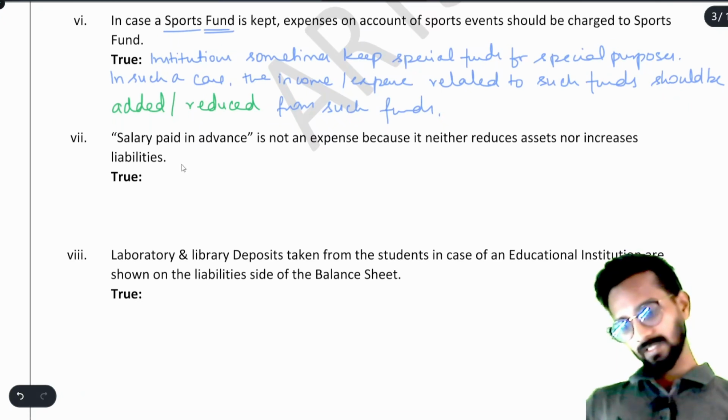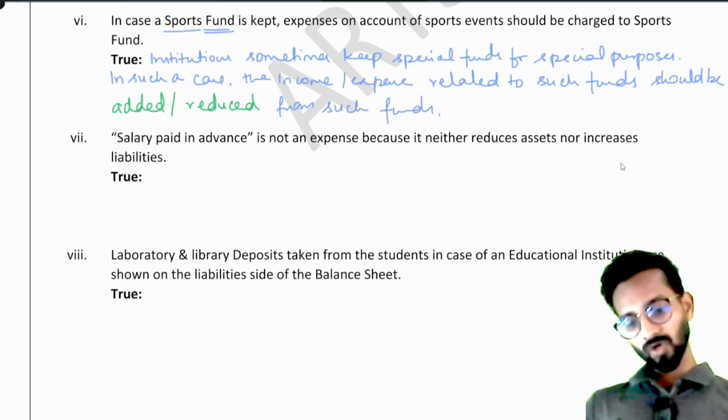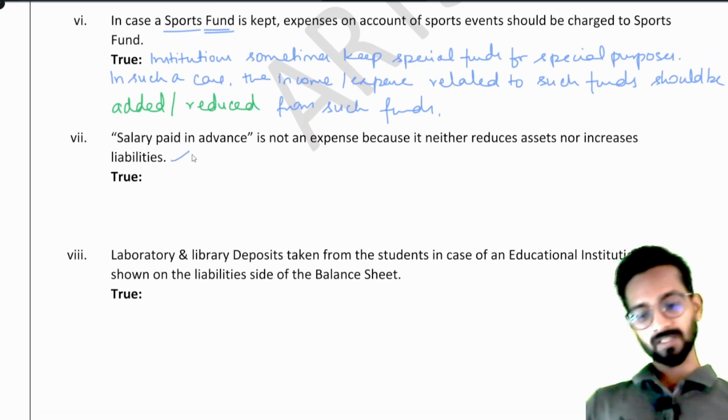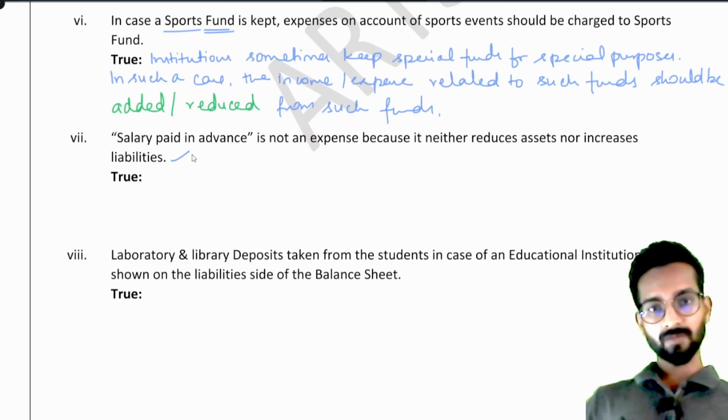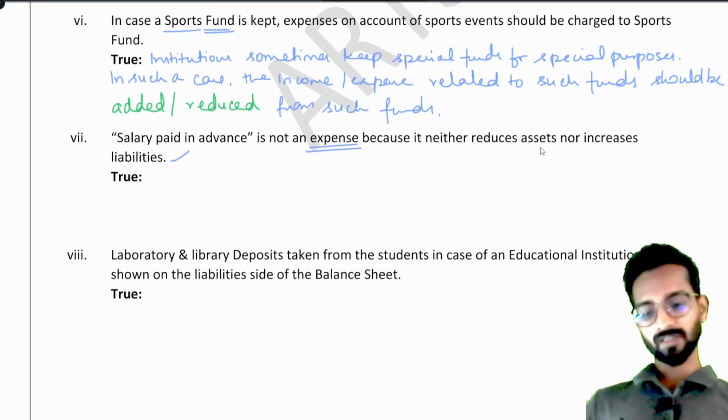Now, 7th question we have, salary paid in advance is not an expense because it neither reduces assets nor increases liability. Understand this. I have already paid the salary. Okay. From this, obviously it is not an expense because it is not reducing the asset. Obviously, it is not reducing any of my assets, right?